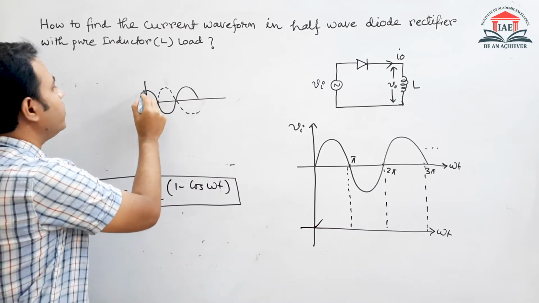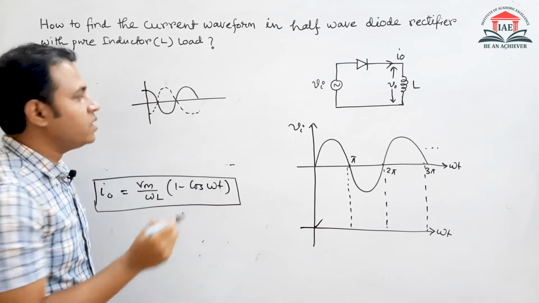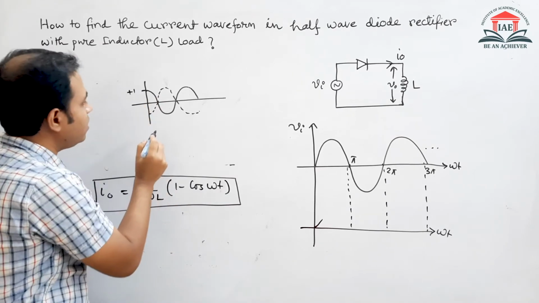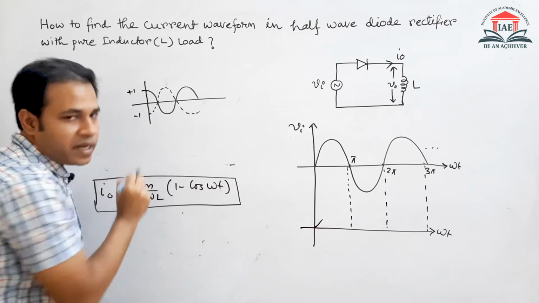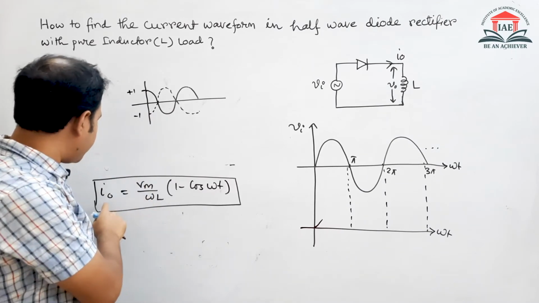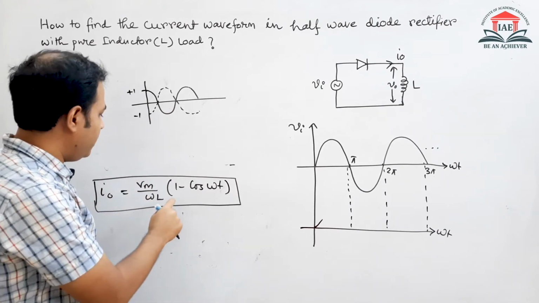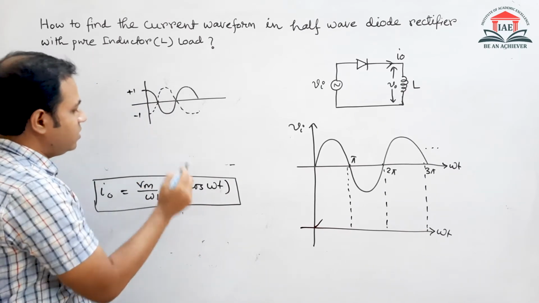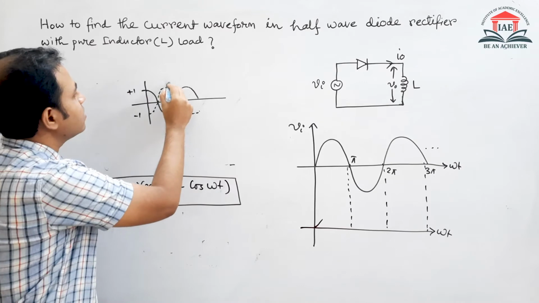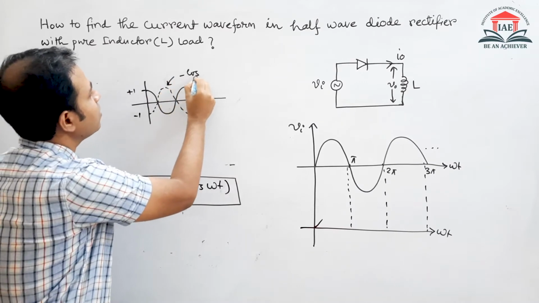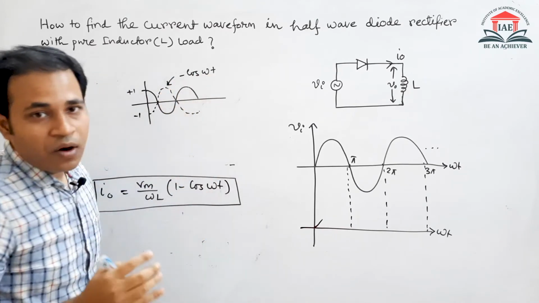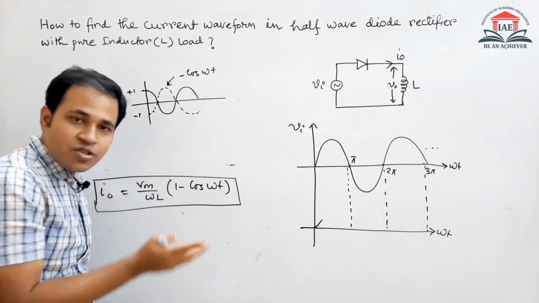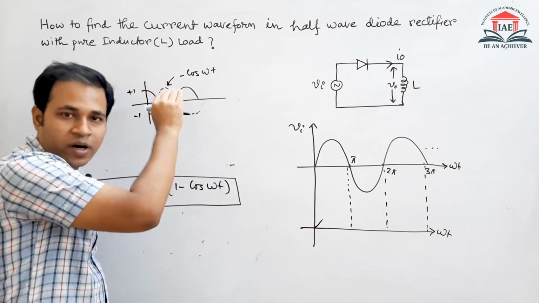Now we know that for the cos function, the maximum value is +1 and the minimum value is -1. In the expression of the current waveform, that is 1 minus cos omega t, this is for minus cos omega t. Now this minus cos omega t has a +1, so it will be shifted by 1 unit.